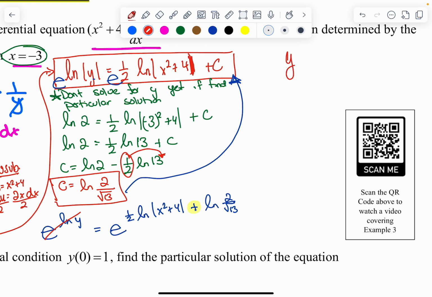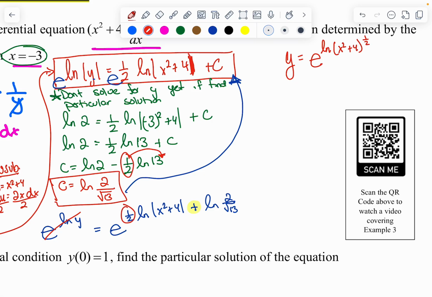So we've got y is equal to e to the ln of x squared plus 4 raised to the half, or square root.